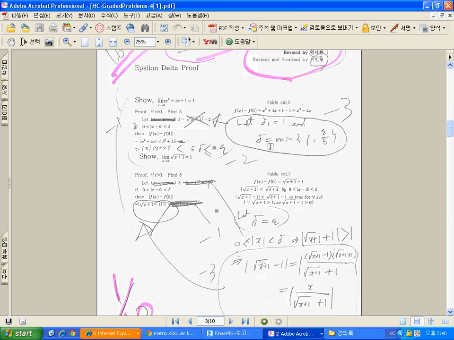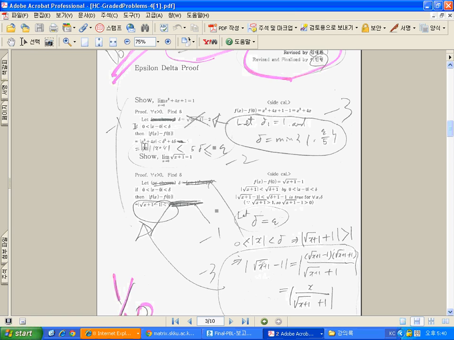This is the technique. We can choose a delta in any way. We can make a very small delta, so we can easily find a delta smaller than 1. So let's make the delta always less than 1 first, then make the delta value depend on epsilon. Suppose the absolute value of x is less than 1. Then we can easily figure out that the absolute value of x plus 4 is less than 5.